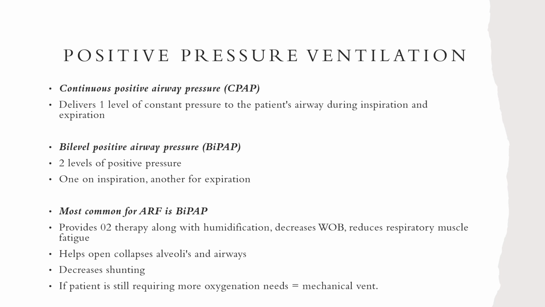This delivers two levels of positive pressure, one on inspiration and the other on expiration. The most common device that we use is BiPAP, especially for acute respiratory failure or COPD. We typically go toward the BiPAP in the hospital.